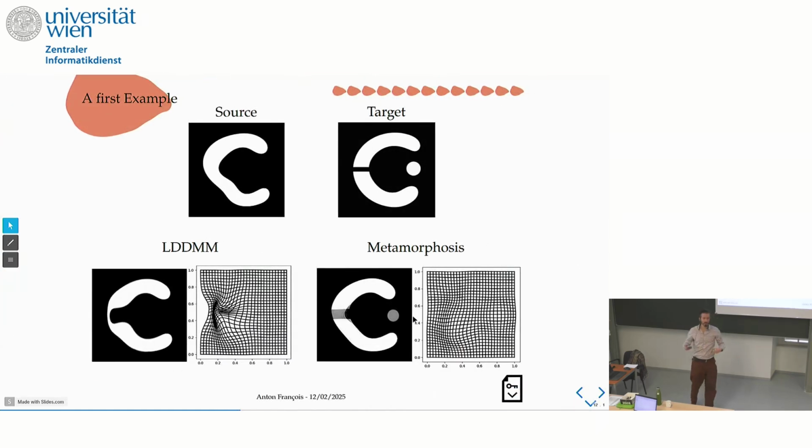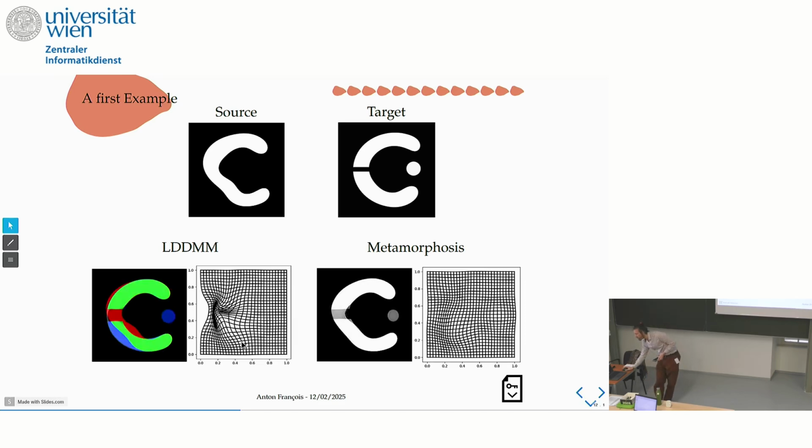Okay, so just to give you some examples before we dive a bit more into Metamorphosis and how I implement it. You have the source image and a target image. If you use LDDMM, you have quite a good registration. However, if we compare it with the target image, the cut in the target image wants to be explained with deformation, which is not what we want.